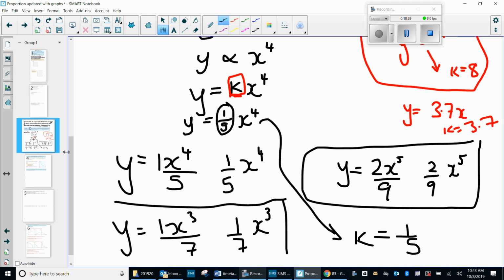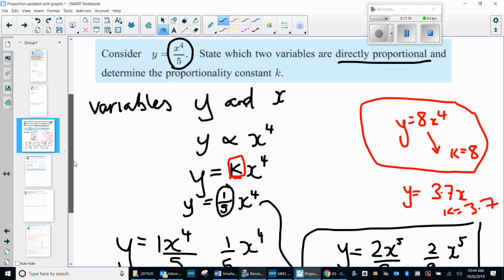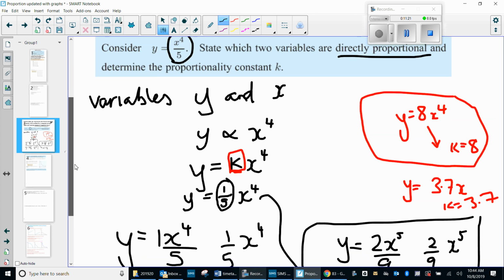Okay, and that's what we were doing here. Like when we had 8x to the 4, we just moved the x to the 4 separate, and we could see that 8 was in front of it. Yes, it's just a little bit more challenging when there's a divide, because you have to recognize that it's 1/5. Yes, that would be the constant of proportionality.